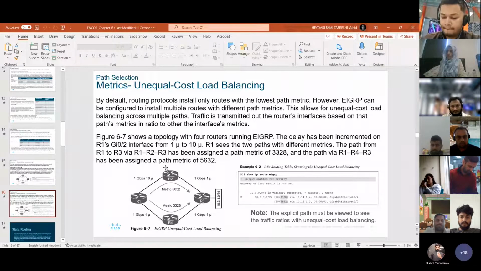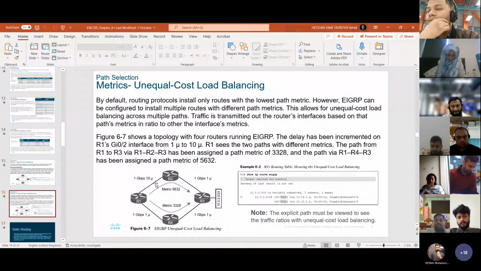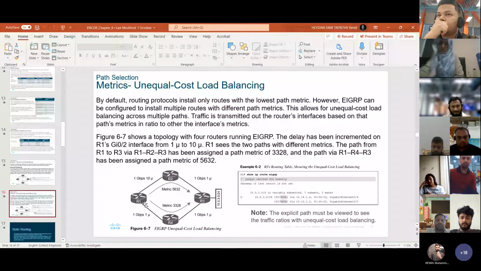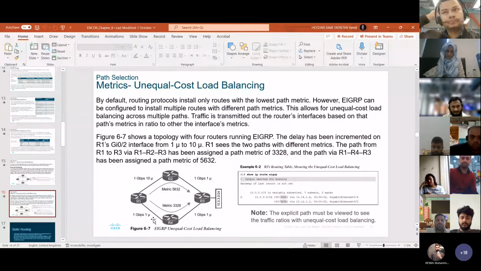In order to change the metric value to make it unequal, what they have done in this figure, in this slide, is that they have changed the delay for this link to 10 microseconds, and for this one also to 10 microseconds, and therefore they have caused the composite metric to change.